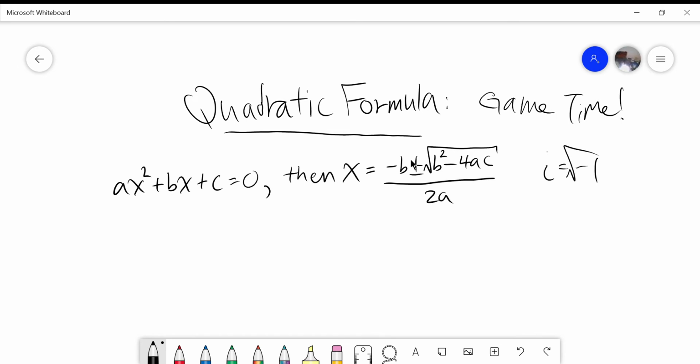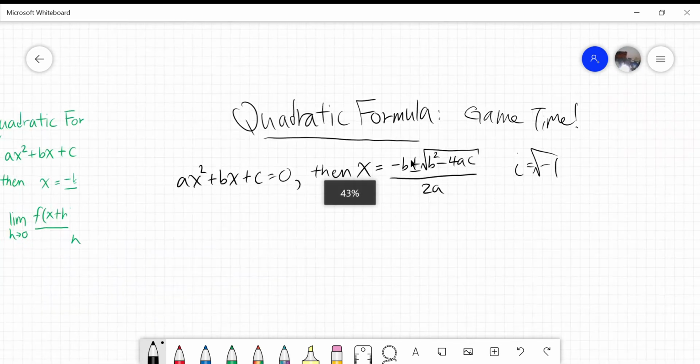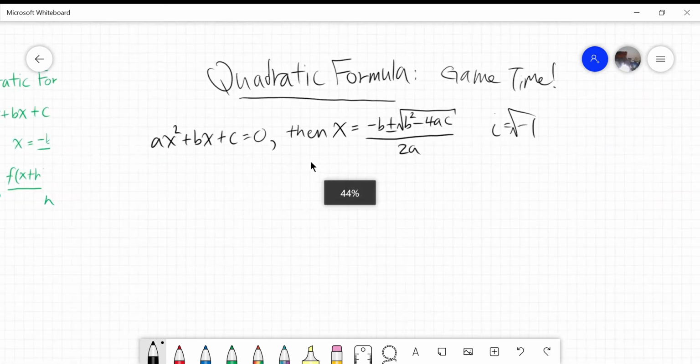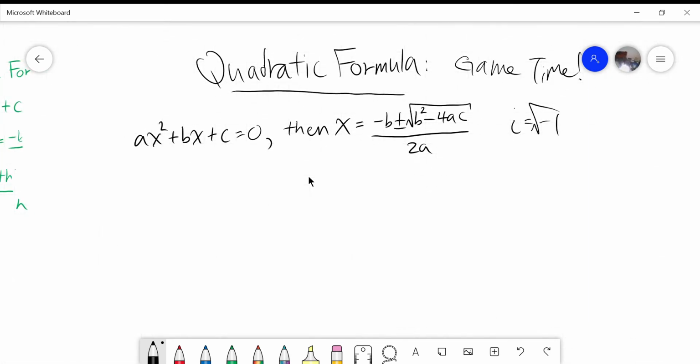Okay, so today we're gonna prove this formula right over here. So to start, we're gonna rewrite this equation right over here.